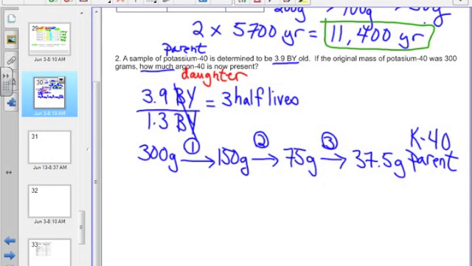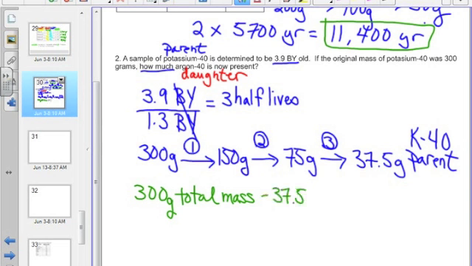So how do I figure out how much is daughter? Well, remember, the 300 grams of the total mass is never going to change. It just gets divided between how much remains parent or how much changes to daughter. So if I know that 37.5 grams remains as the parent, then whatever is left over must be daughter.